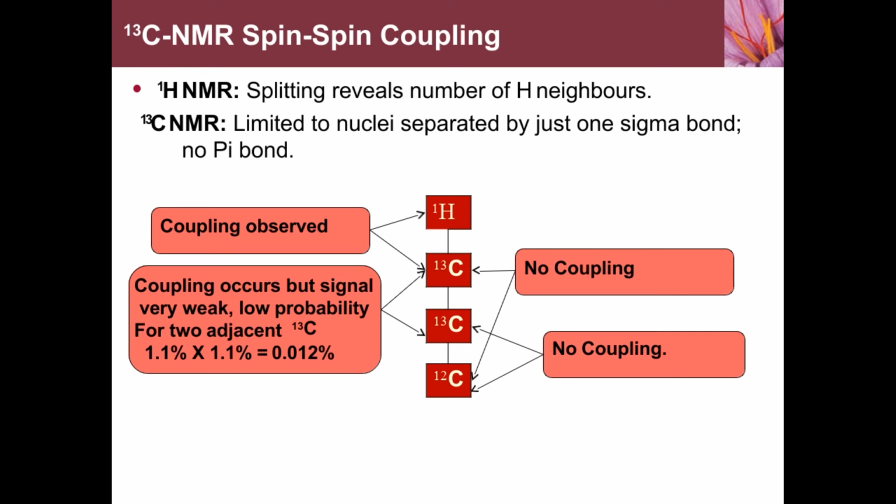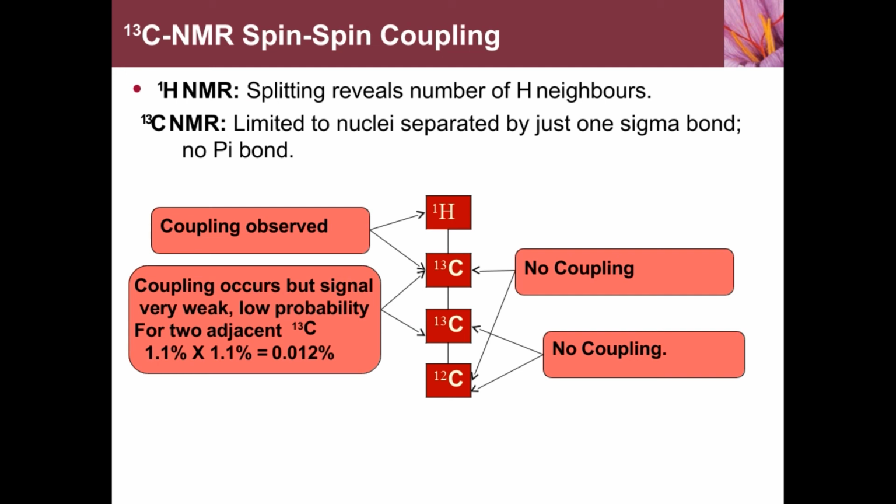For C13 it is limited because carbons are separated by sigma bonds and there is no separation by pi bonds. So what type of coupling is observed?